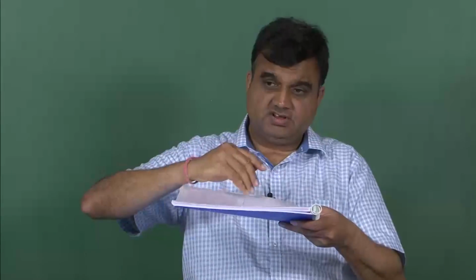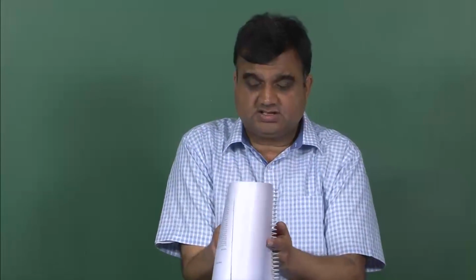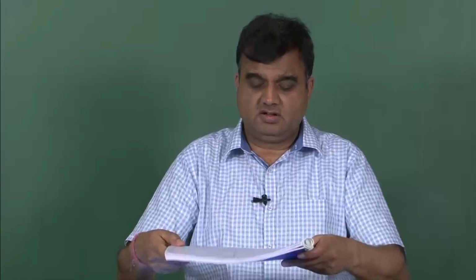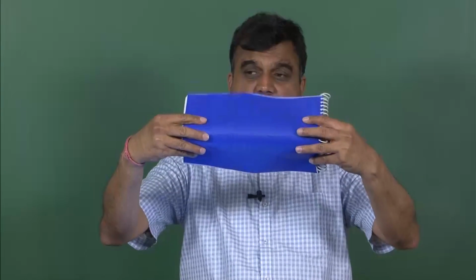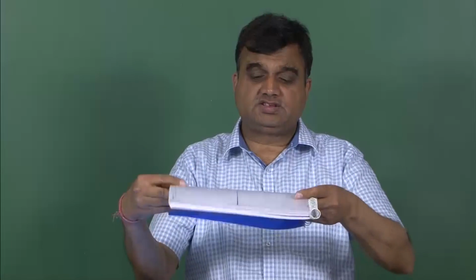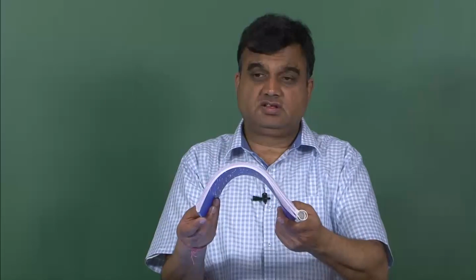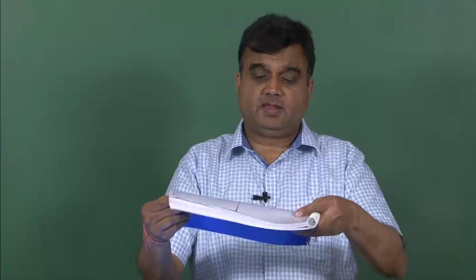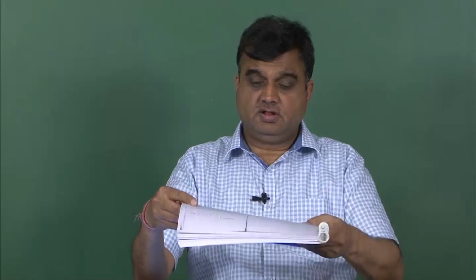It does not have curvature in the y direction, because when you look at it, it is still straight. If I bend it like this, it has pure ky, and kx is 0.